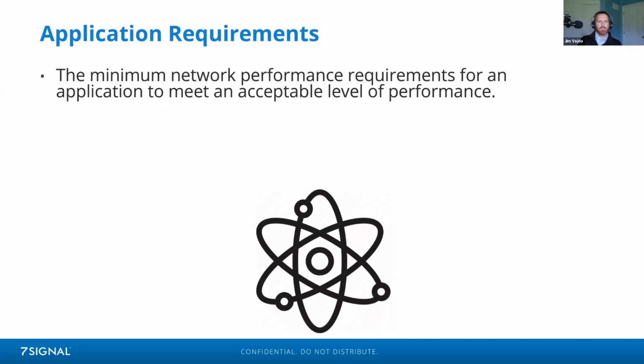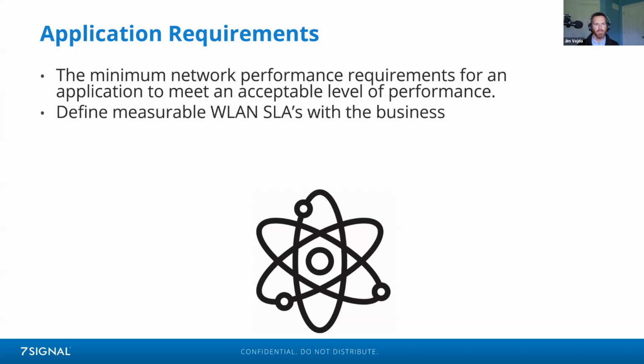But just to define application requirements, these are the minimum network performance requirements an application needs for an acceptable level of performance. So it's sort of like a threshold. As long as you're above these thresholds, the applications that are being supported will perform normally.